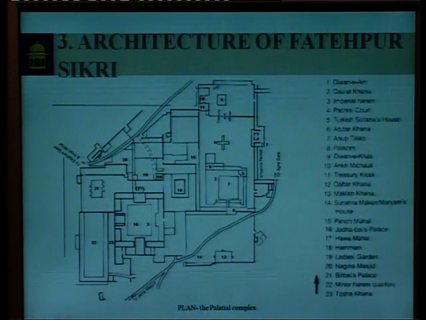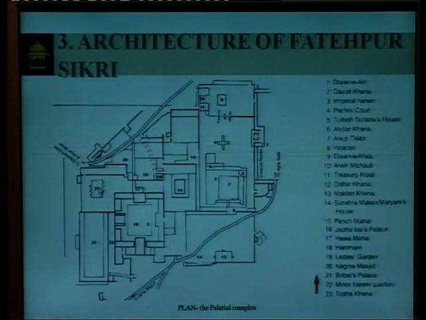And now this front part, or let's say the right part, is the place where the king is meeting his subjects and is having his council of ministers. The part towards the left, with the entry from the right side, the inside part, is all for the queens, for his harem. This is, for example, Jodhabai's palace.